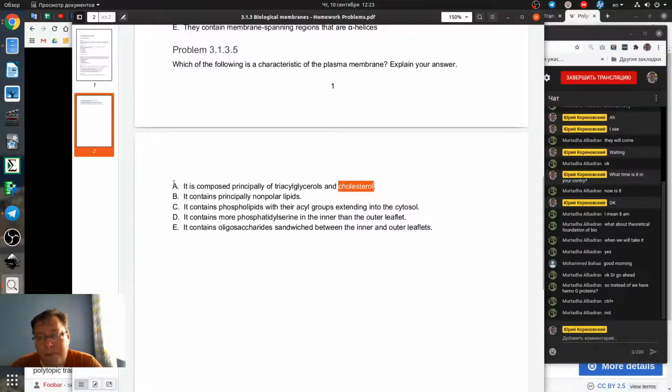So answer A is not exactly true, partially true. B: it contains principally non-polar lipids. No, they contain polar lipids, phospholipids.